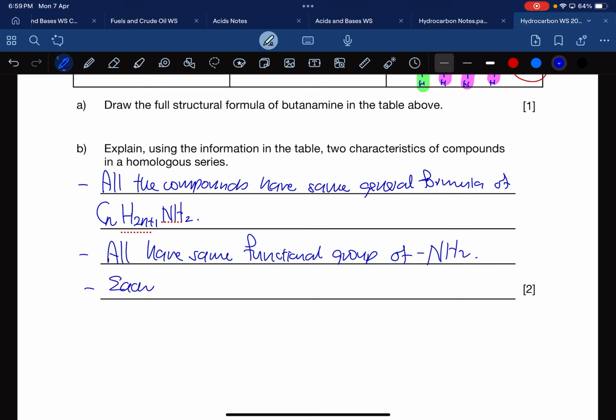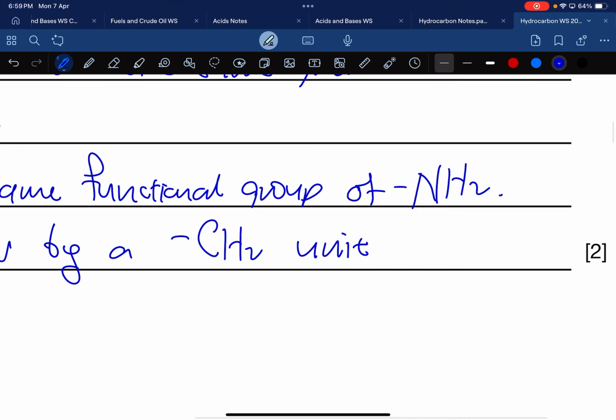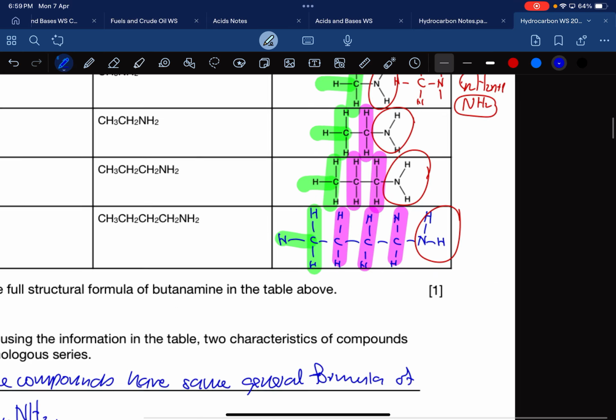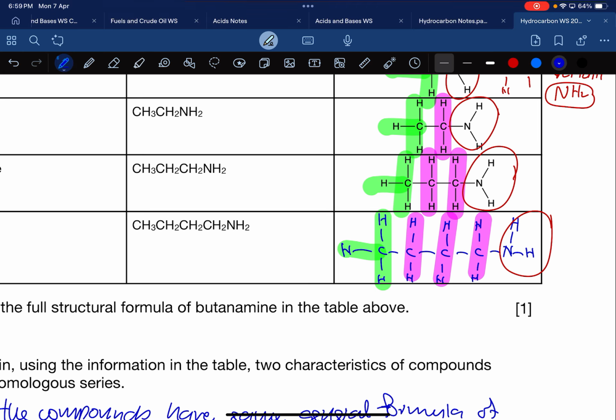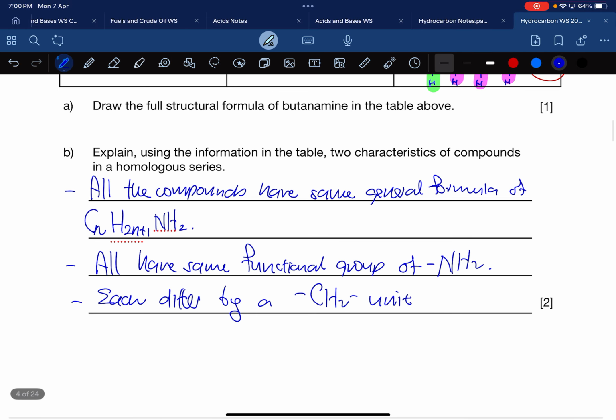Each member in the series differs by a CH2 unit. Can I write it like this? Yeah, that's right. Okay, with lines, because it's bonded on both sides. Your CH2, the purple, bonds on both sides. So it's CH2 like this. Anything else I can put?